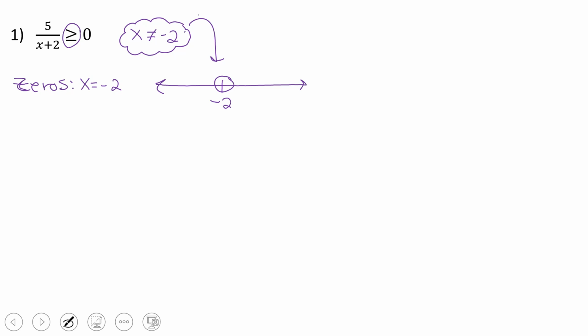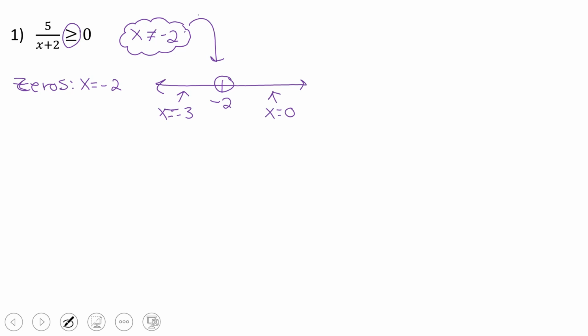From here, just like in our quadratic inequalities, we're going to test each side. So I'm going to test a negative 3 for numbers less than negative 2, and I'm going to test a 0 for the ones bigger.